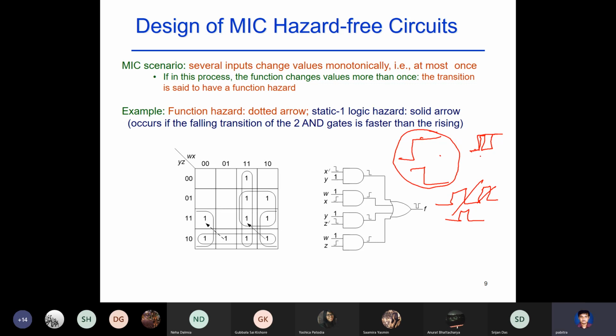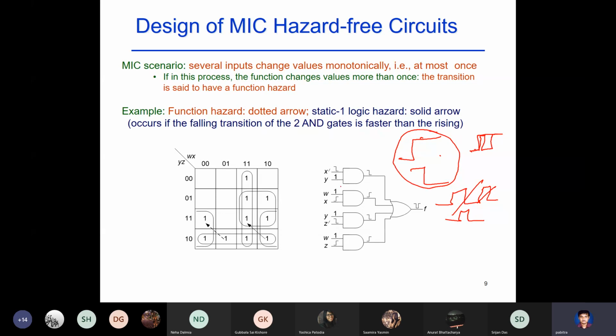Why can function hazard happen? It can happen because, say, look at a circuit like this. If these are the input combinations, and x is changing, so x prime is changing, and say z is changing, y is static, so accordingly x prime and z prime are also changing.